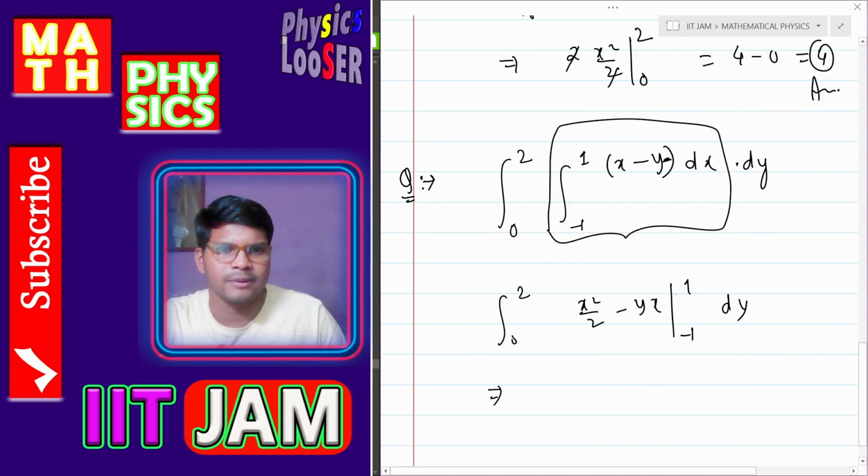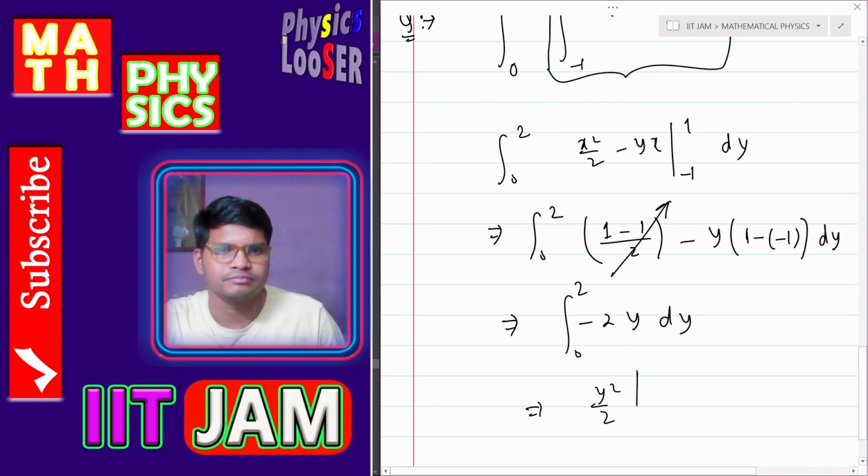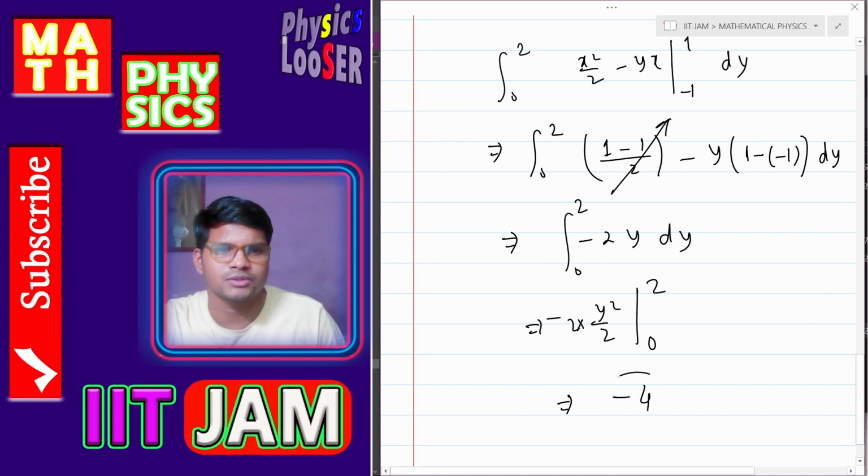So what I'm going to do, replace everything by 1, so I can just write 1 minus 1 by 2. And over here this is y, x would be like 1 minus, and yeah, minus of 1, and then dy. So you see that this is going to vanish away. Minus 2y, 0 to 2, minus 2y, and dy integral 0 to 2, y square by 2 into 2 with negative sign, 0 to 2, and the answer would be, oh my god, the answer is 4.